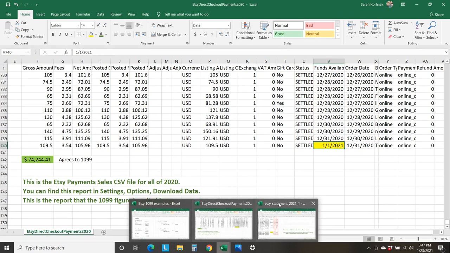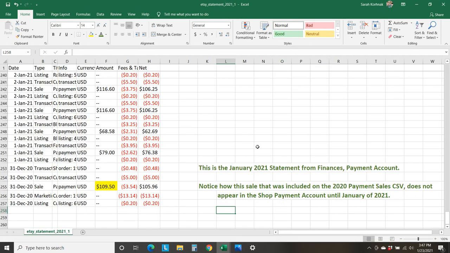The Etsy statement CSV file, this is in your shop payment account. Okay, so if you go to Finances, Payment Account, that's where you download this Etsy statement for the month that you would like to download the statement for.